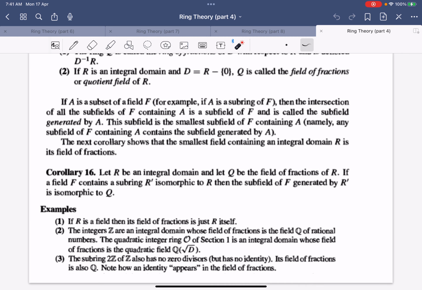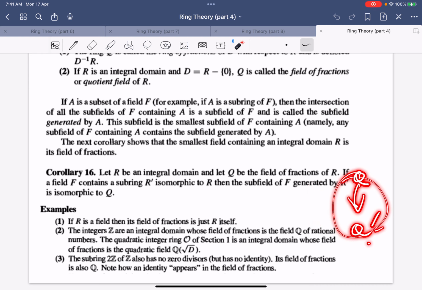And so if R is an integral domain and Q is the field of fractions, then for any other field F containing this subring R prime, which is isomorphic to R, the subfield of F generated by R prime will be isomorphic to Q. So it's really just a commutative diagram where you go R to Q, R prime to this Q prime, and then because these two are isomorphic, you get that Q is isomorphic to Q prime.